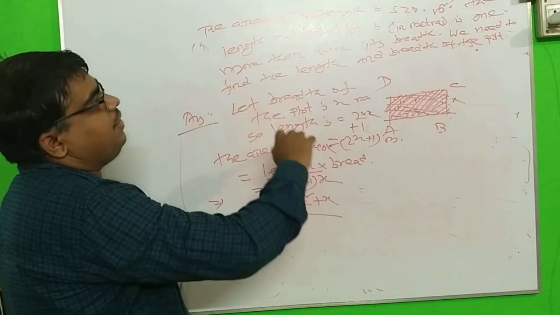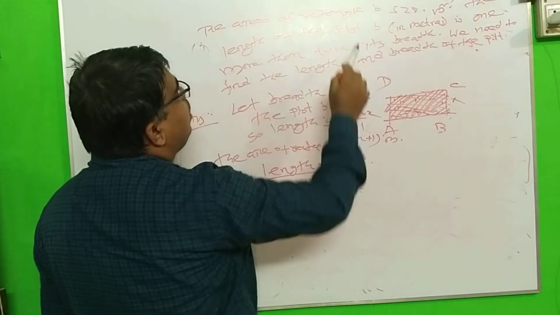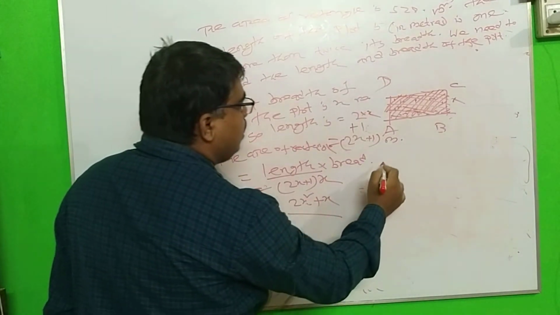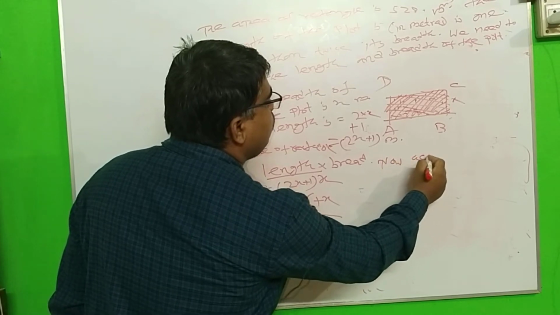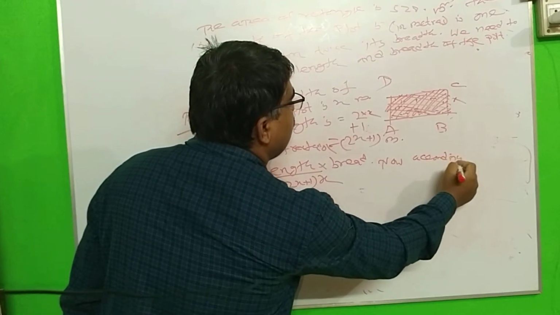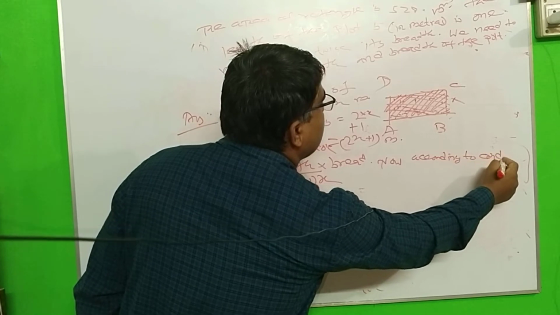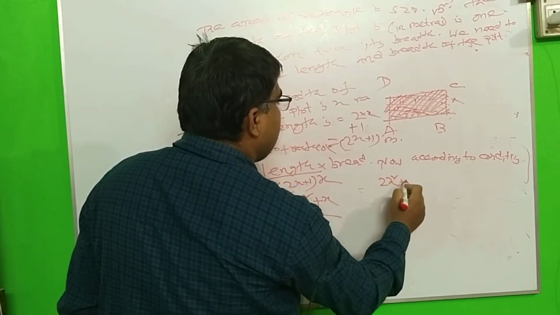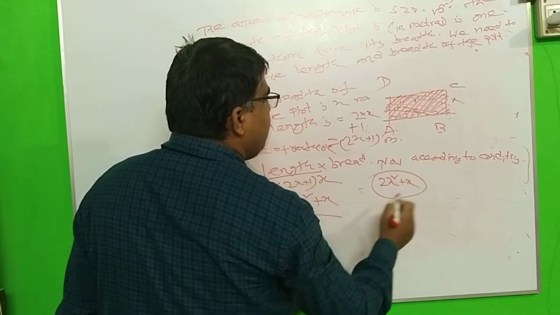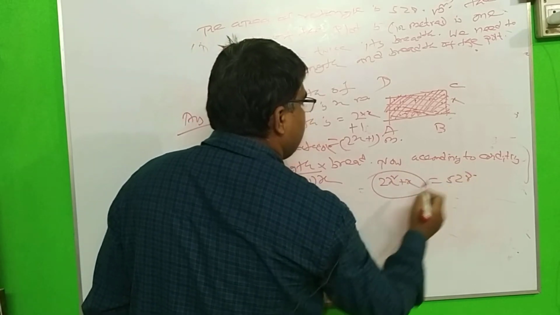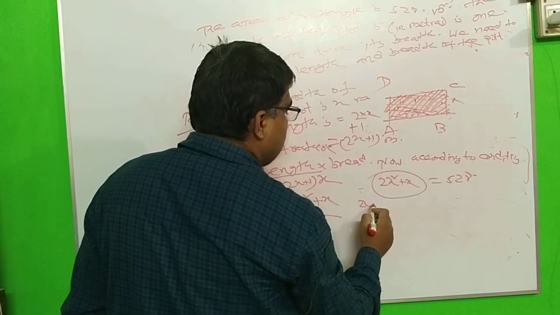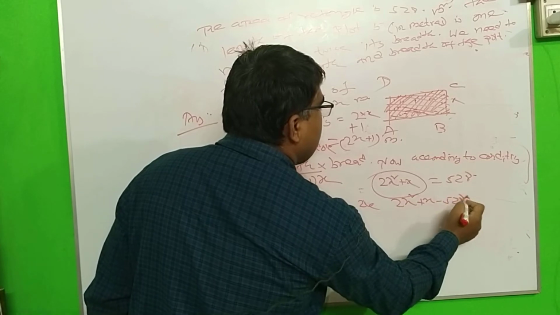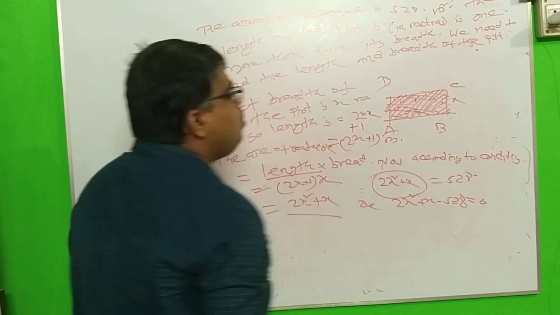Again, it is said that 528 square meter is the area of the plot. According to the condition, 2x square plus x, the total area, is equal to 528. That is 2x square plus x minus 528 is equal to 0.